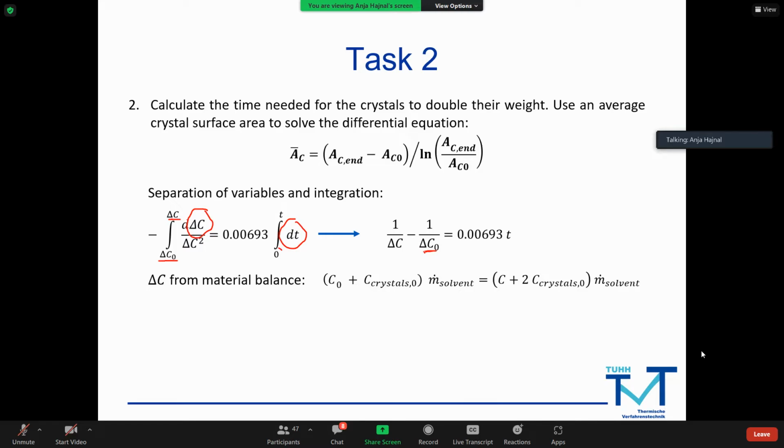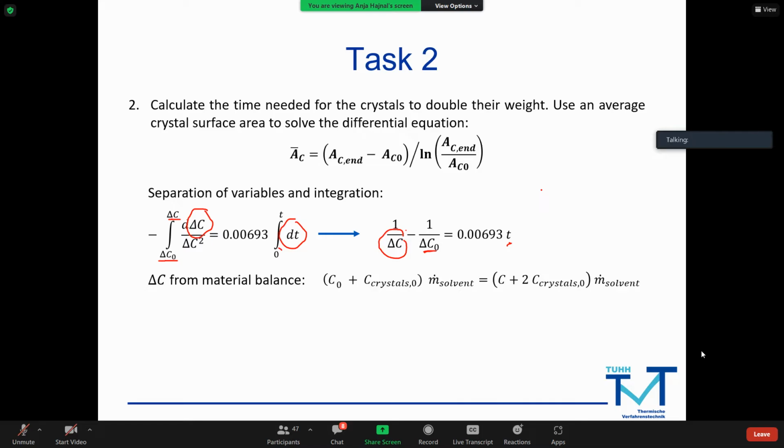What we need to calculate is the delta C after our crystals have doubled their weight, so after we have achieved what the task asks us to. This delta C we can calculate from the material balance for our enzyme, which is crystallizing.